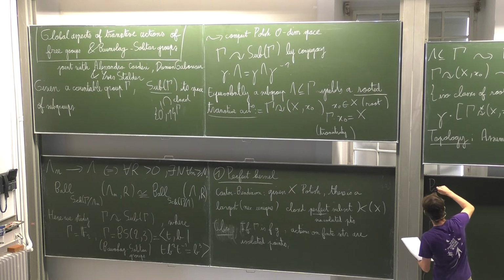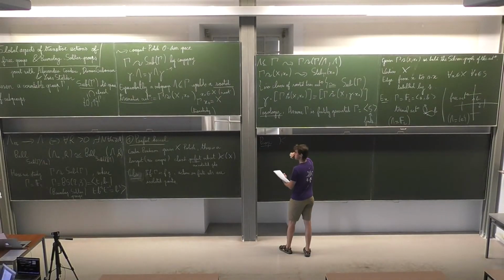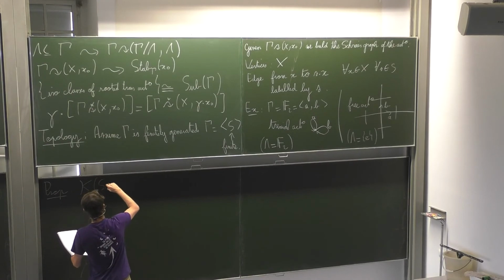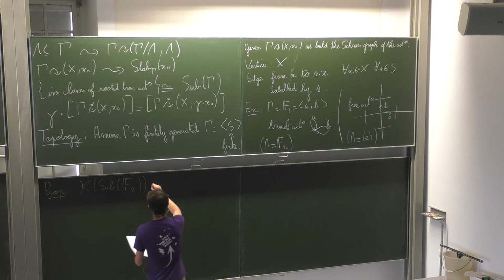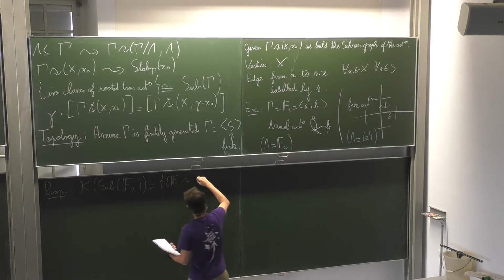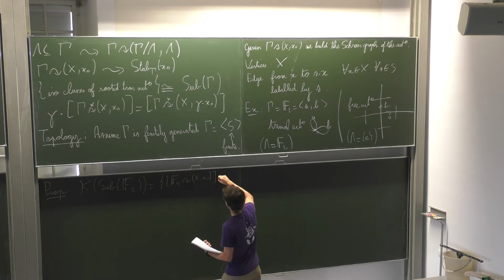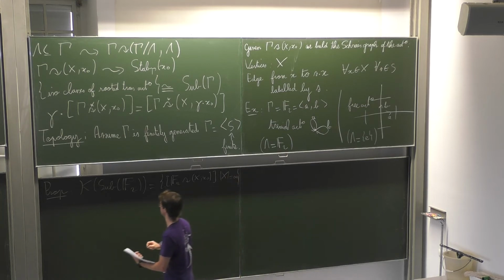Okay, and now let me state our first result. The perfect kernel of this is simply all infinite index subgroups, or in terms of isomorphism classes, the isomorphism classes of actions with X infinite, and then it's countable, of course.